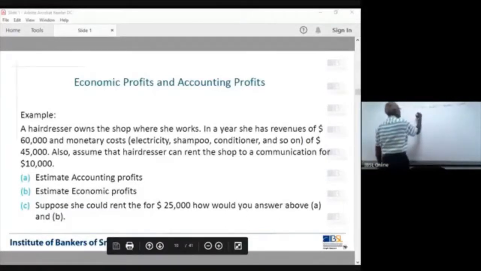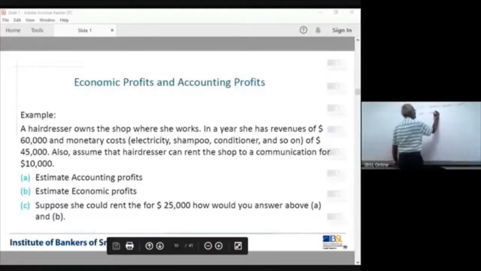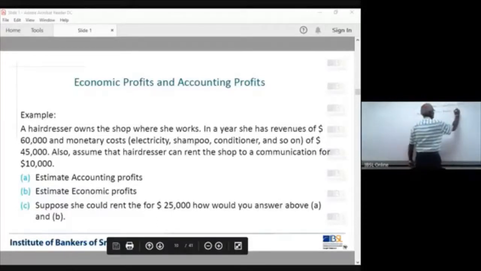Economic profit: 60,000 revenue minus 45,000, minus the opportunity cost of the building, 10,000, gives 5,000. Now you can see the accounting profit is higher than the economic profit.